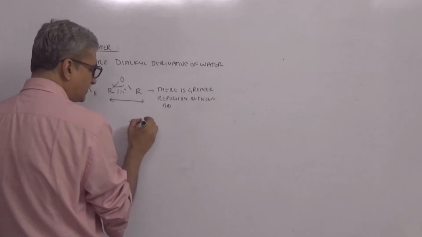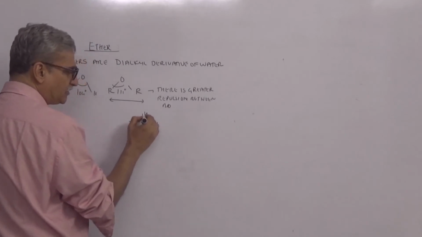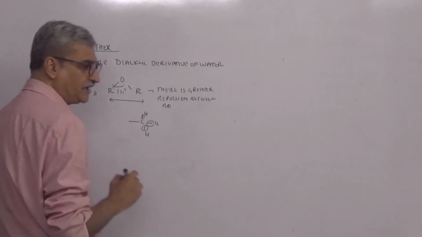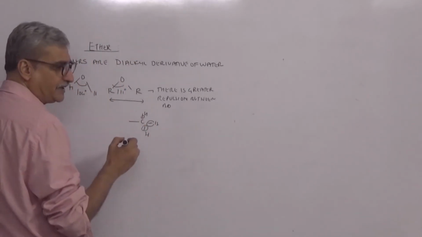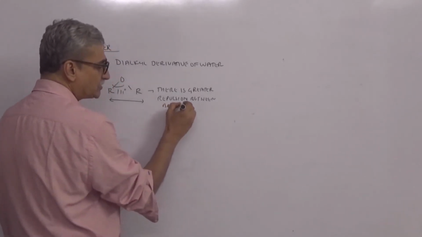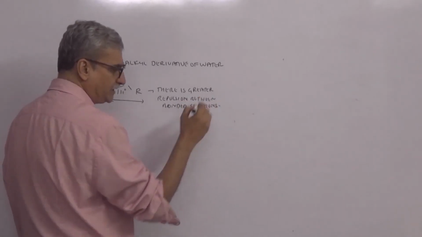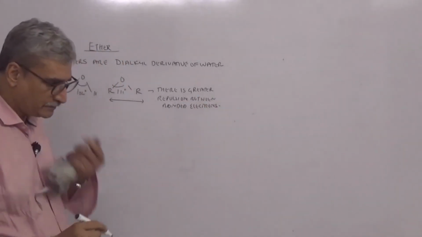So ये R जो है, suppose CH3 है, so these are bonded electrons. Now this and the CH3 का bonded of the other alkyl group, they repel, and then they increase the angle between the bonded electrons. Is this clear?